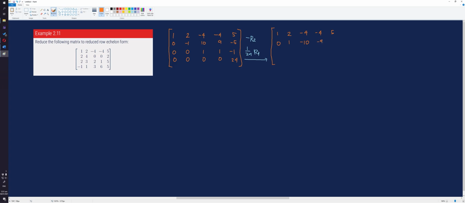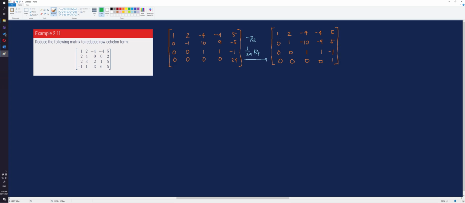This is negative 9, and this will become positive 5. For the third row, we will copy the components: 0, 0, 1, 1, negative 1. And for the fourth row, we will multiply every component by 1 over 24. So this is equal to 0, 0, 0, 0, and 24 times 1 over 24 is 1.